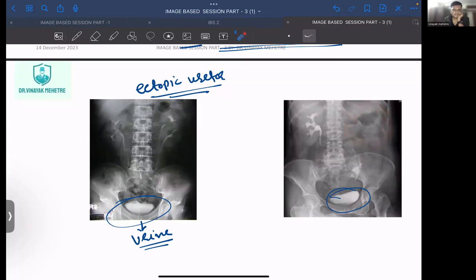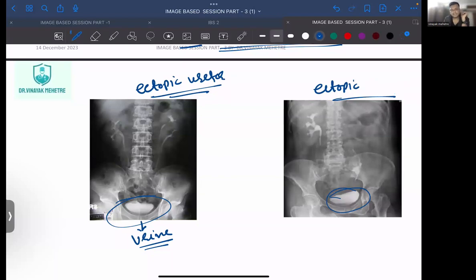But if you will go down, over here, you are able to see a ureter, right? So it is also ectopic ureter. But where is it? It is not present at normal site, right?